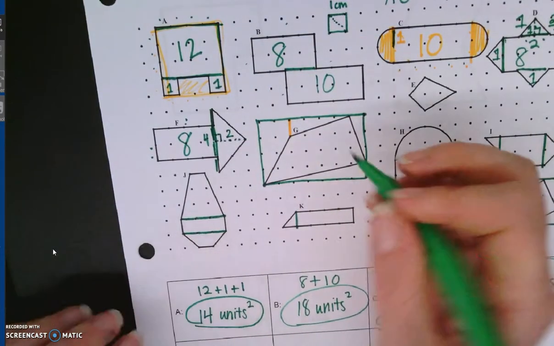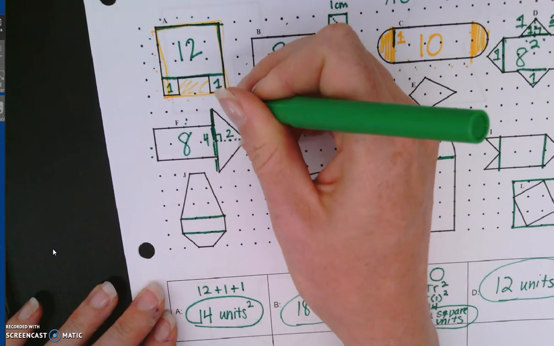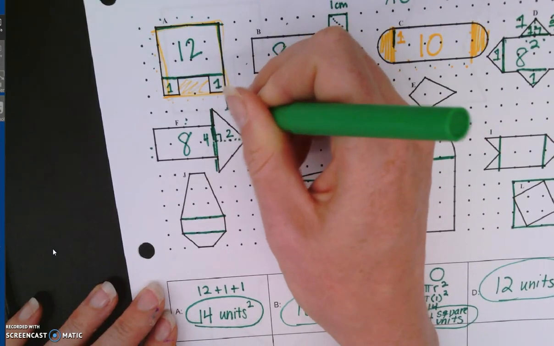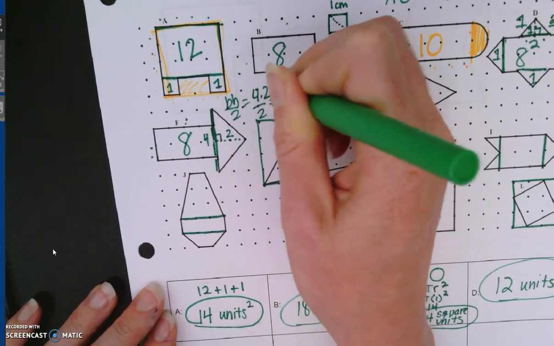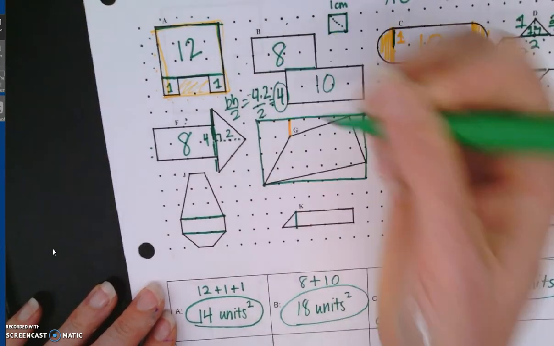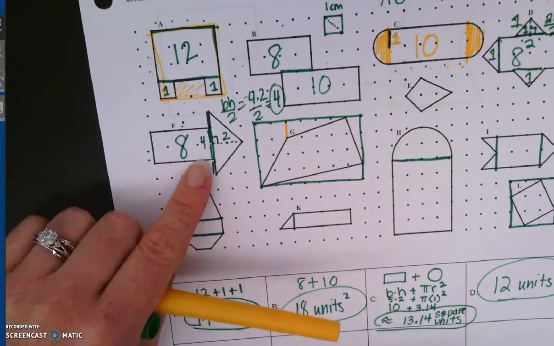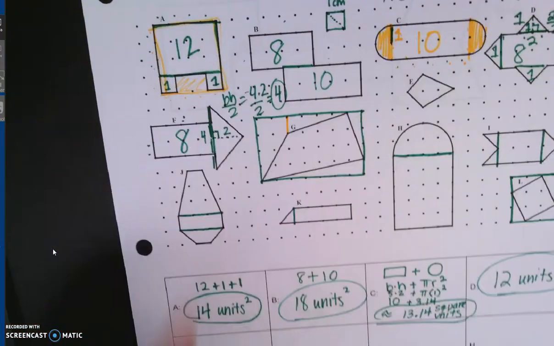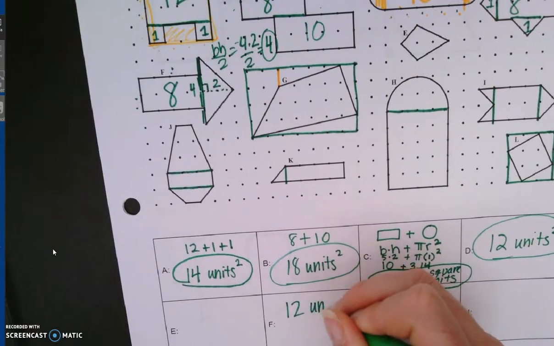So to find the area of this triangle, I know that the area of a triangle is base times height divided by 2, 4 times 2 divided by 2, which ends up just being 4. 8 divided by 2 is 4. So the area of shape F ends up being 8 plus 4. And 8 plus 4 is 12 square units.